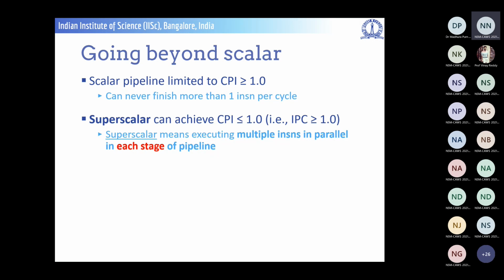Remember that in the scalar baseline pipeline we were looking at, in each stage of the pipeline there could be at most one instruction. Of course, if D is the pipeline depth, then there can be D instructions in execution at different stages, but not at the same stage. In the case of superscalar, even within the same stage of the pipeline, there can be more than one instruction executing.